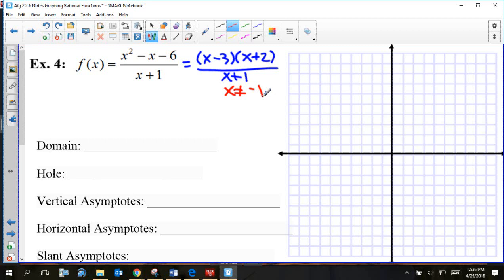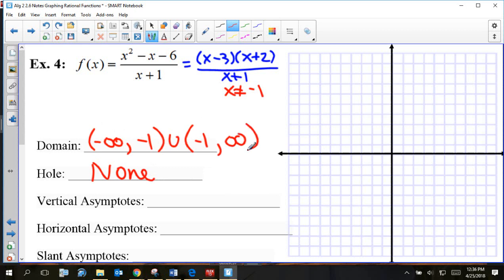So our domain, oh, I'm sorry, are there any holes? No, we didn't cancel anything, no holes. Our domain is going to go from negative infinity to negative 1, union negative 1 to infinity. Vertical asymptotes: x equals negative 1.